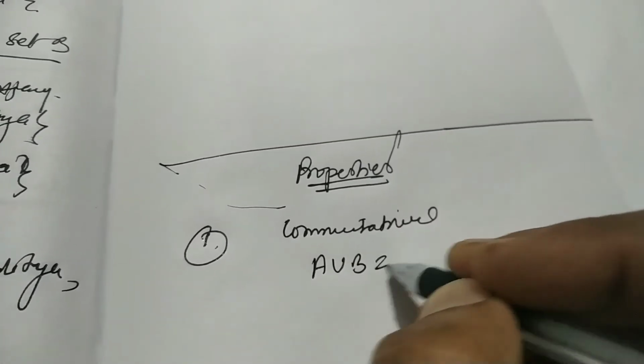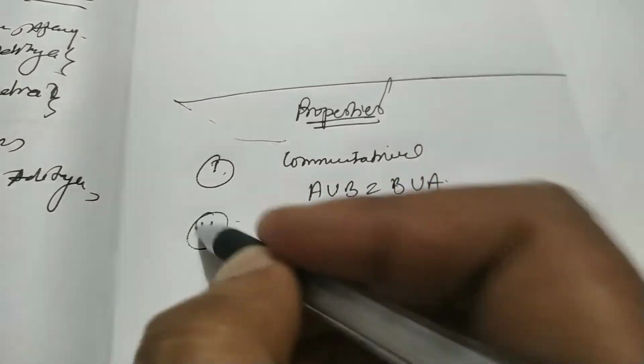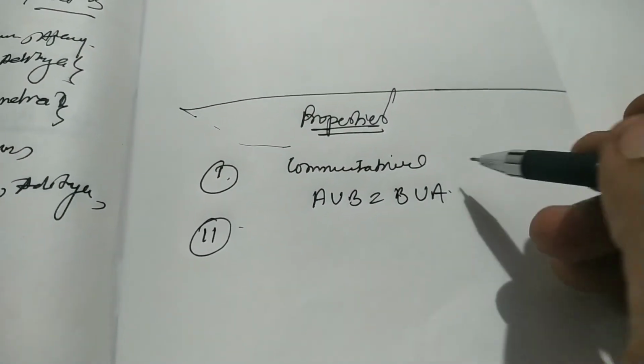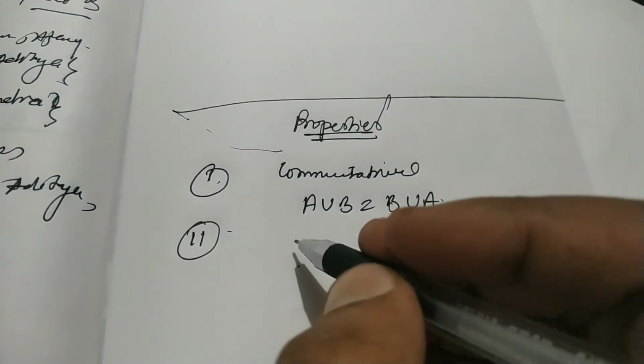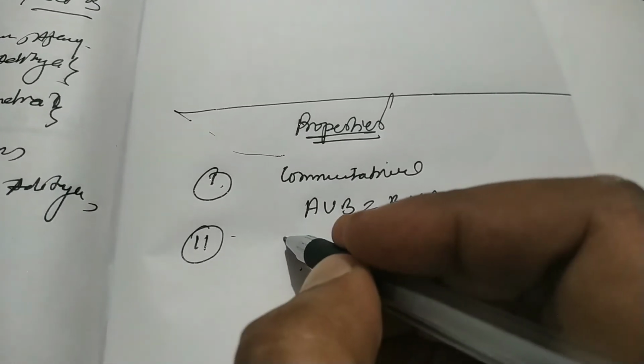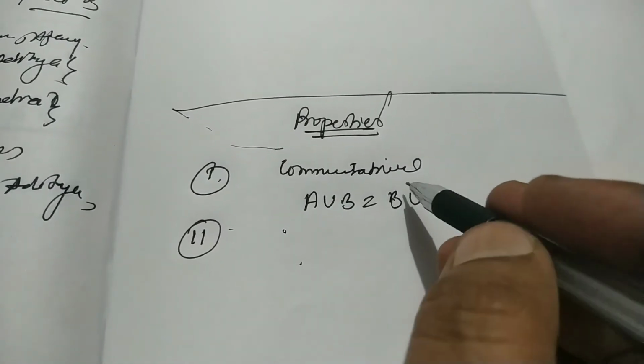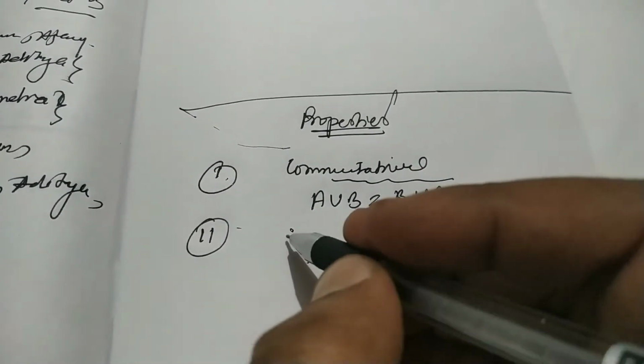A union B is equal to B union A. Both are the same thing. You have studied the commutative law since class 6 onwards, for addition and multiplication. Here we are going to discuss these laws in terms of sets.